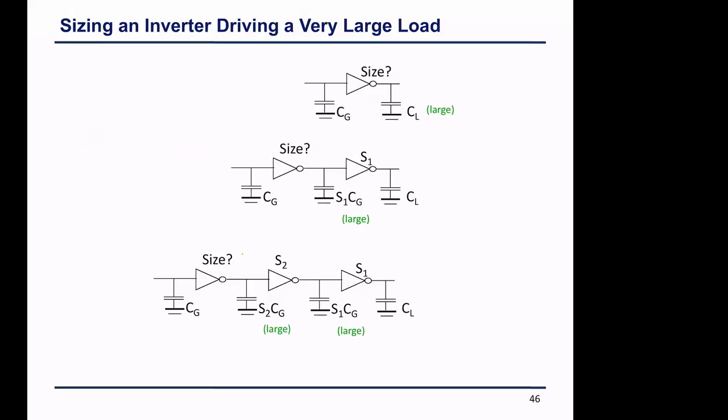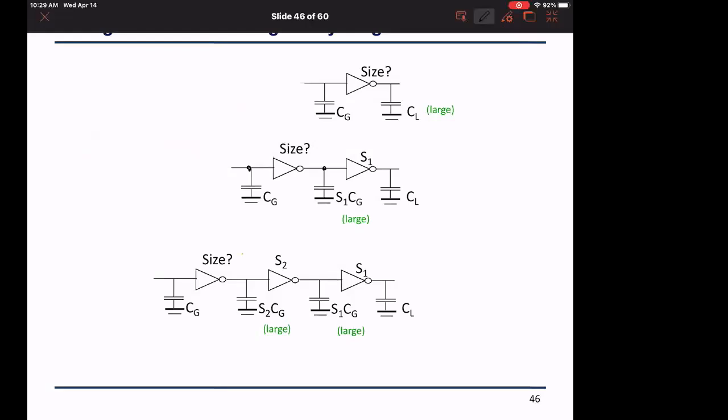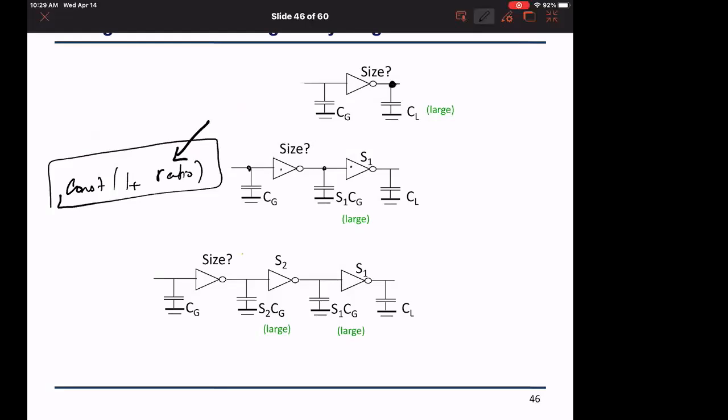We will make it some constant times one plus some ratio, which represents the ratio of the next size to my size. Based on this, we are going to end up with an optimized formula that can find this ratio for a given desired input capacitance and final stage, the large wire capacitance that I want to handle.